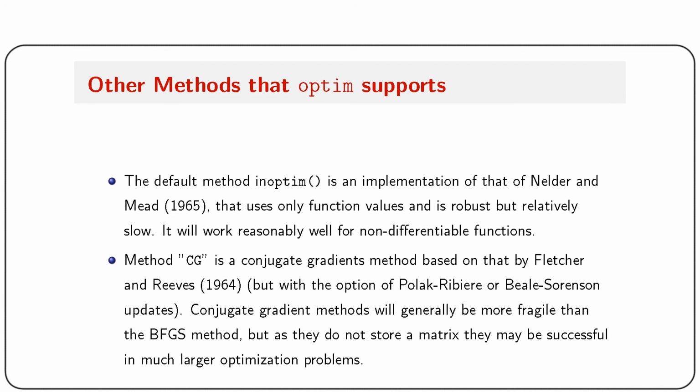The method CG is the conjugate gradient method, based on Fletcher and Reeves 1964, but with the option of Polak, Ribiere and Beale, Sorenson updates. The conjugate gradient method will generally be more fragile than the BFGS method, but as it does not store a matrix, it may be successful in larger optimization problems.